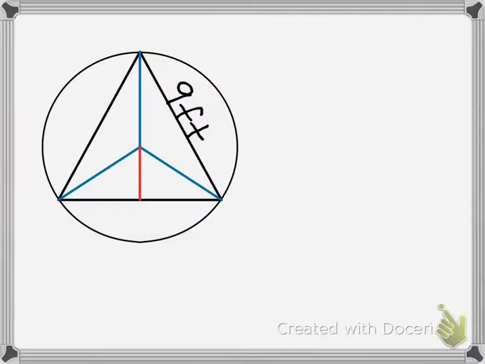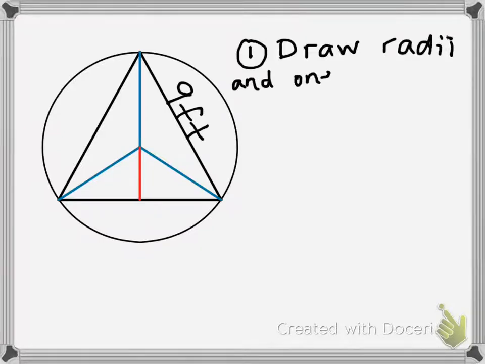And of course, we're just getting practice. So we're going to start with this. Again, the first thing that I always do is to draw my radii and at least one apothem. So that is always the first step, and I've already done that.